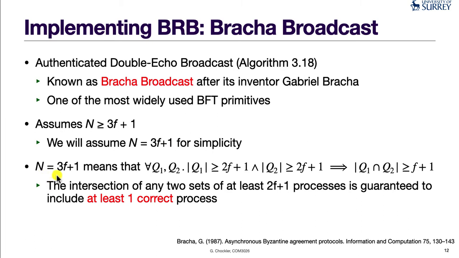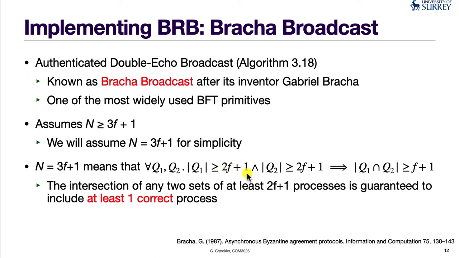Having n equals 3f plus 1 means that any two sets containing at least 2f plus 1 processes, in this formula any sets Q1 and Q2, intersect in at least f plus 1 processes. This is simply because we have 3f plus 1 processes in total, and we are taking the big majority of these processes.